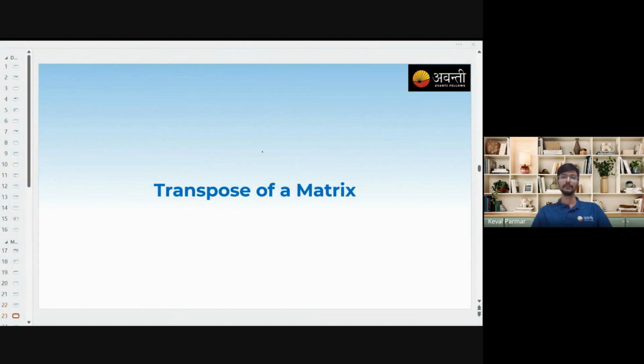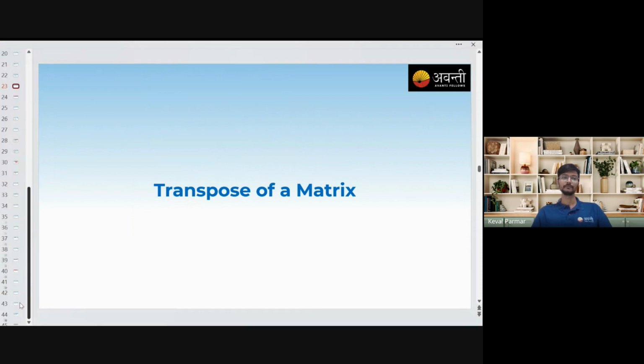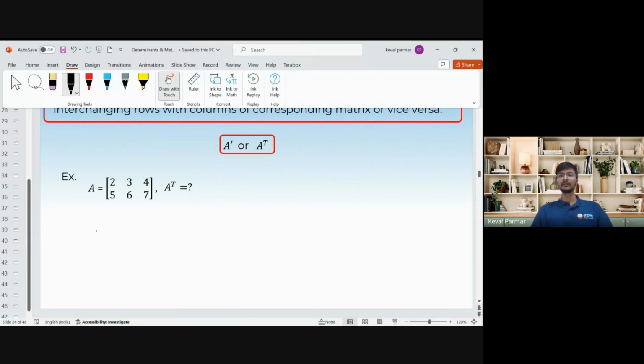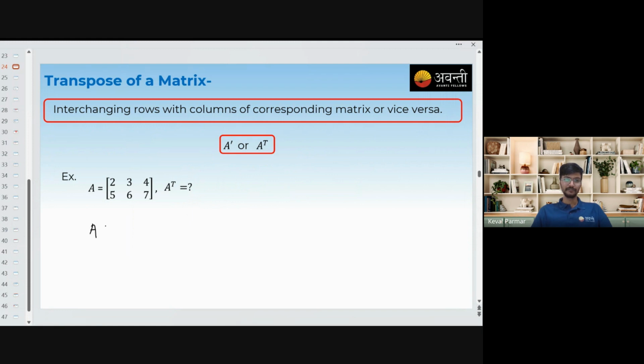Correct? Let's see. Transpose of a matrix. Transpose is obtained by interchanging rows and columns. So here the first row will become the first column, 2, 3, 4, 5, 6, 7. This is the transpose of A. It is denoted by A dash or A transpose.